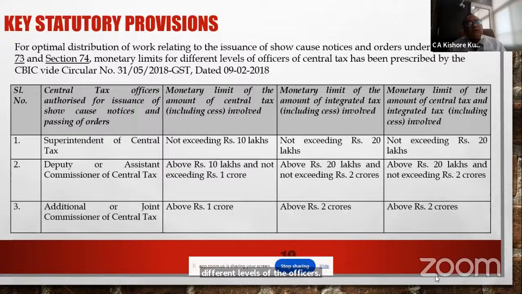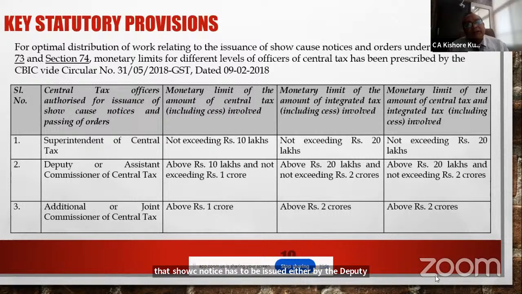For example, a superintendent of central tax cannot issue a show cause notice where the demand under the CGST Act is more than 10 lakhs. If the demand is more than 10 lakhs up to 1 crore, then that show cause notice has to be issued either by the deputy commissioner or by the assistant commissioner of CGST.